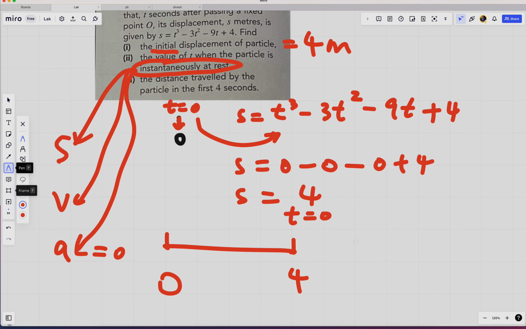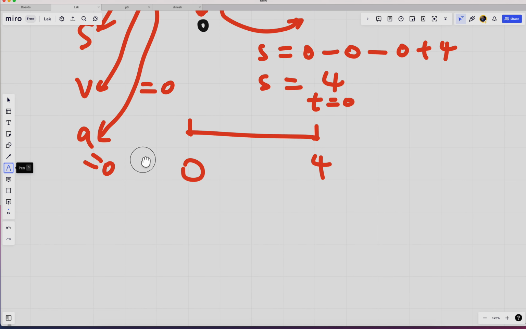At rest means the thing is not moving, so the velocity is 0. Acceleration equal to 0 can mean something else: it means velocity can be constant.